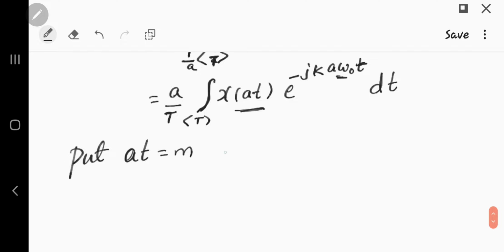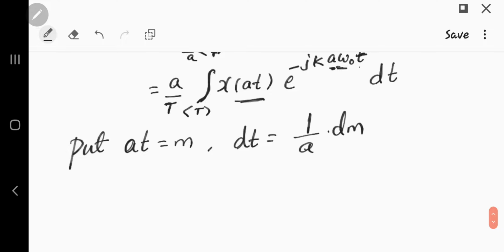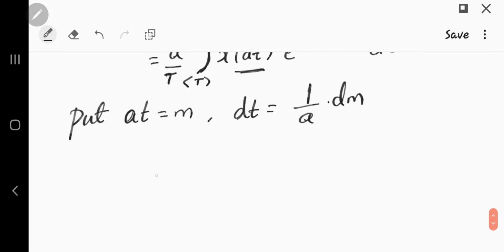If I put a t is equal to m, then here you observe this a and t is there, so that will be replaced by m, and this at will also be replaced by m. Then what happens to dt? So dt will be 1 by a dm. So let's substitute all these terms here.